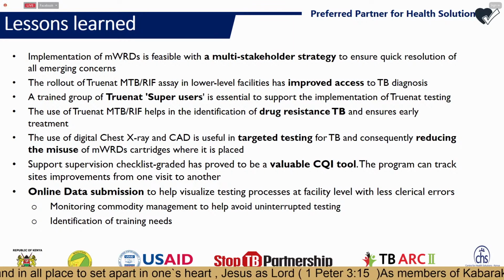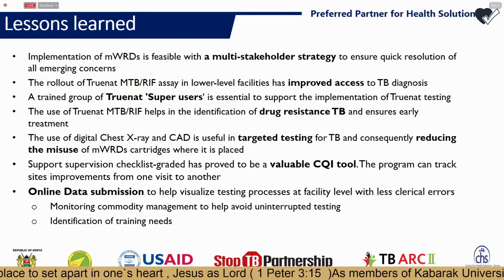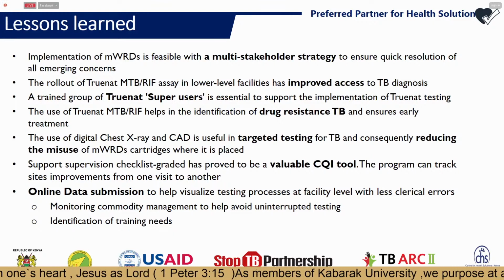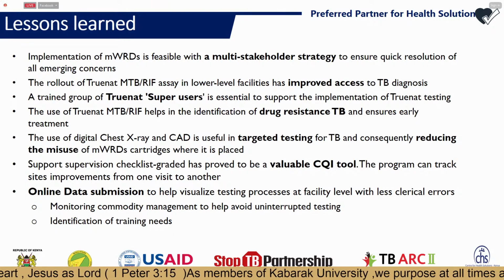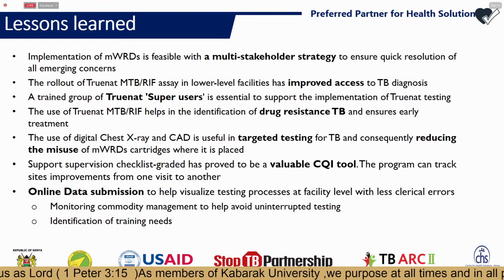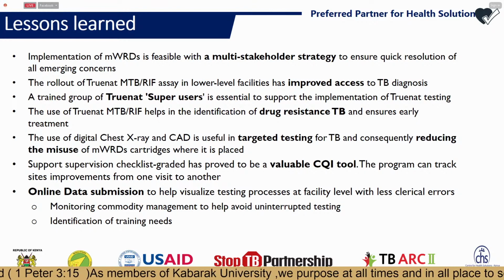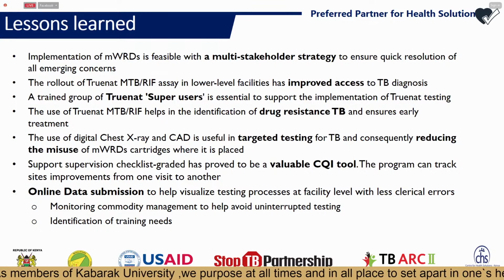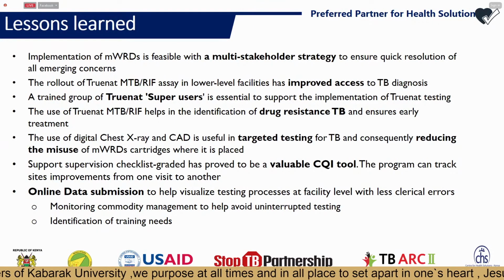And then the other part of it is the online data submissions that we really pushed to ensure data would come on a weekly basis to support us to look at what is happening at county level and ensure that those gaps are well taken care of.